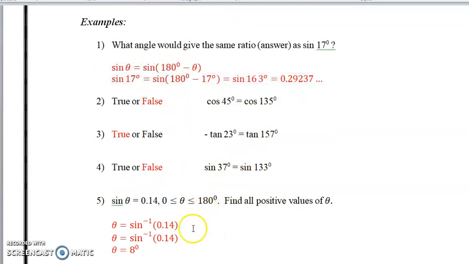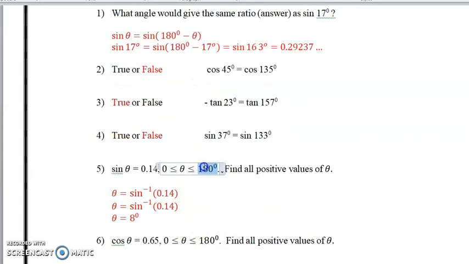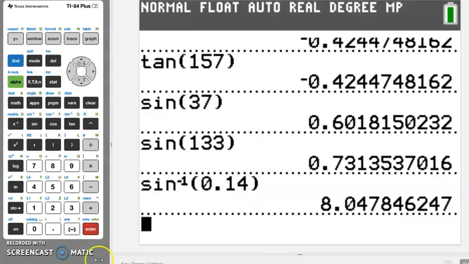So we take the sine of 172 degrees, see what you get.